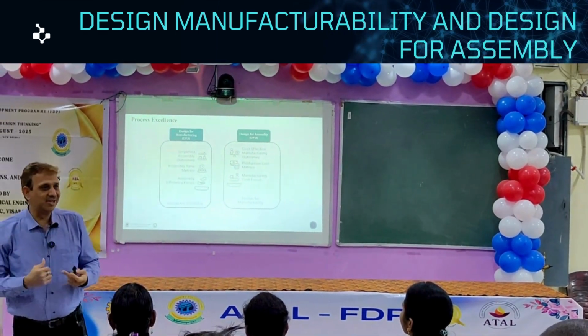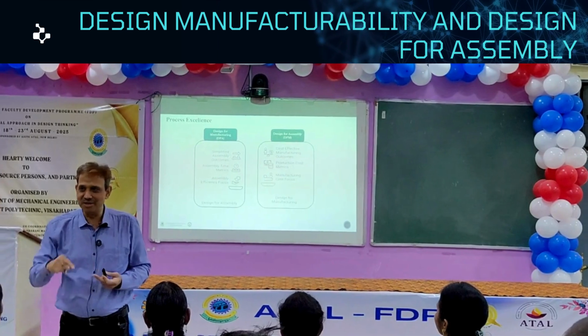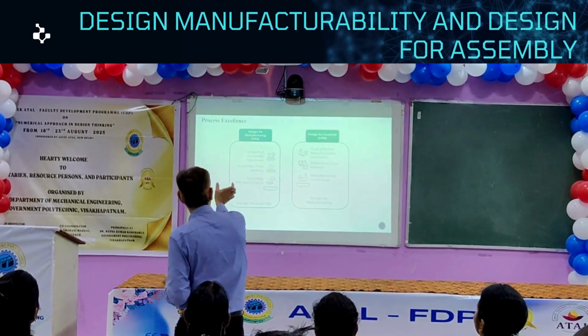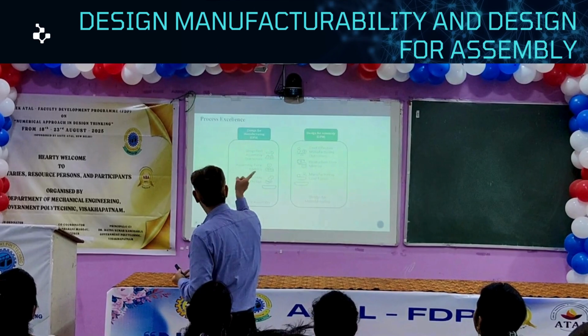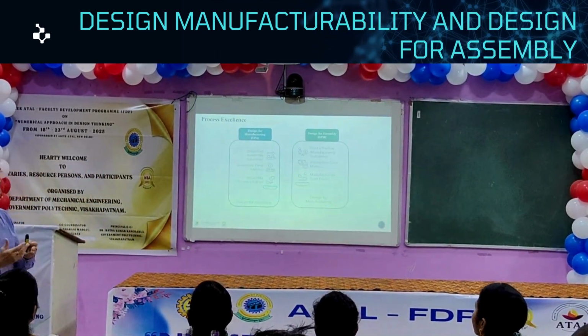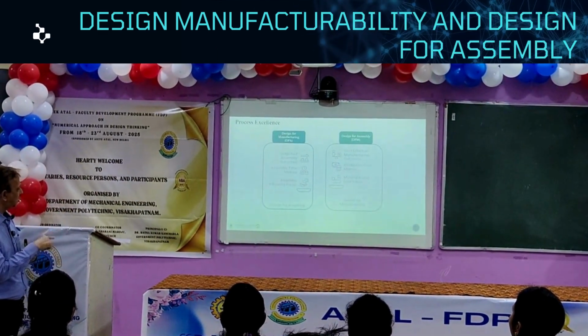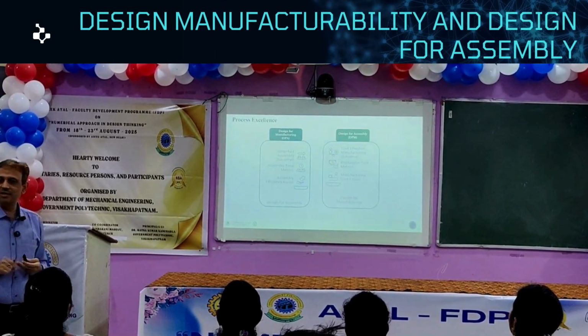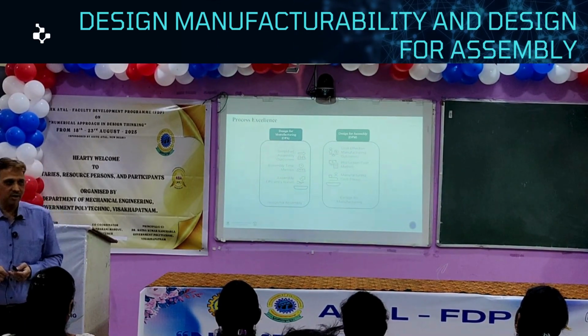While I was placing the boxes, I misplaced them. On the left hand side, what you are seeing is design for assembly. On the right hand side, design for manufacturing.